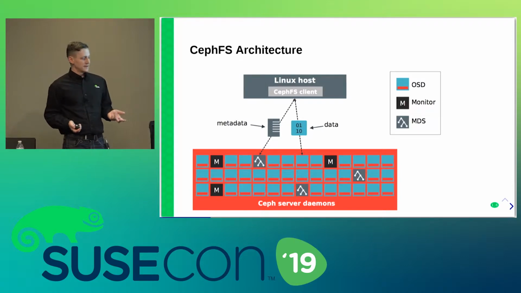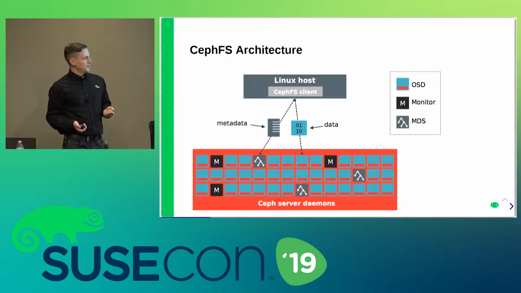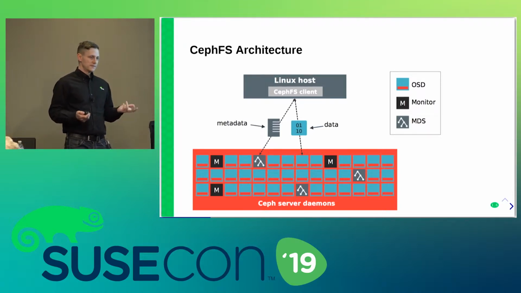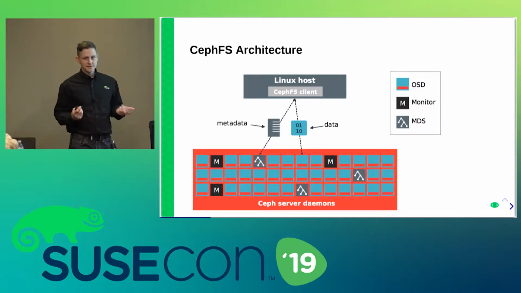While this metadata is still stored in Ceph, so in Rados itself, so the metadata of the files is reliable and highly available and everything, we do need a daemon or a set of daemons that manage the access to this metadata. And that's exactly what the MDS daemons do. I like to say they're actually only a cache for the metadata pool, but they do a bit more, so they're very sophisticated caches. Nevertheless, they are stateless, so they do rely on the data that is stored in Ceph itself.